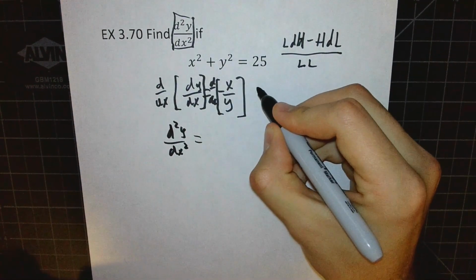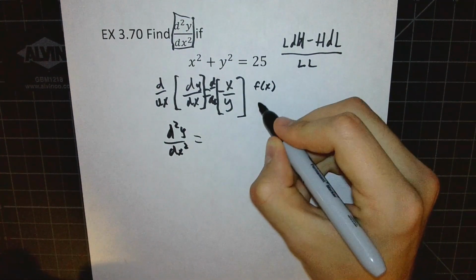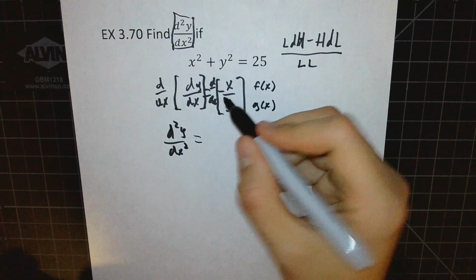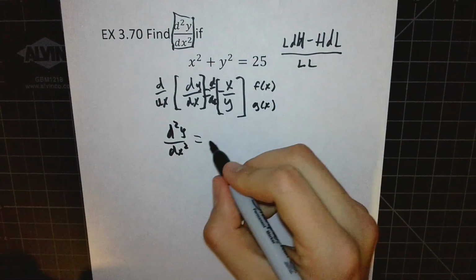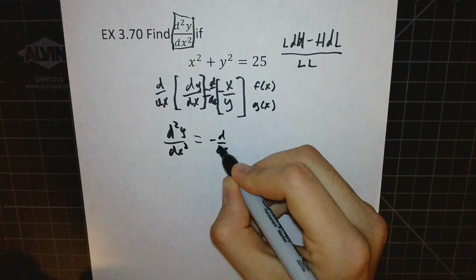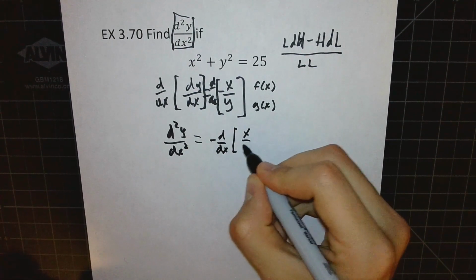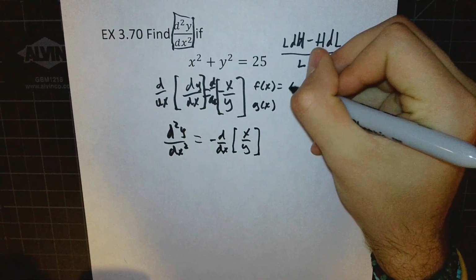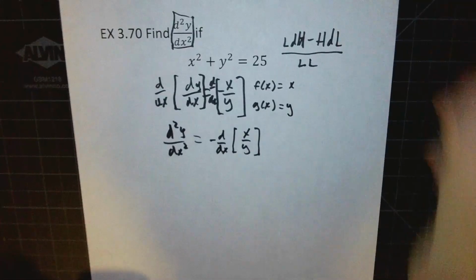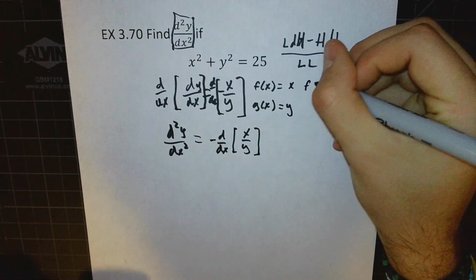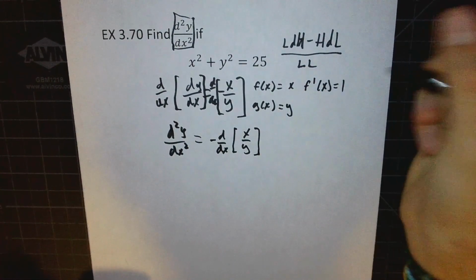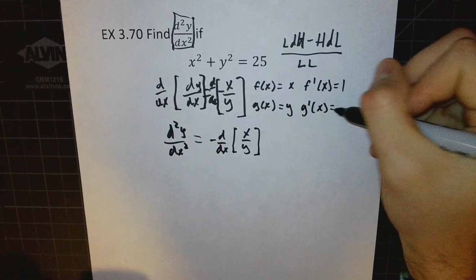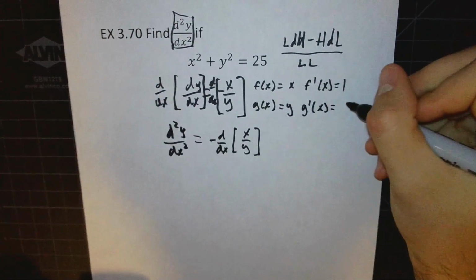So our top will be f of x, and our bottom will be g of x. And one other thing we have here is that this negative is a negative 1, so this ends up being negative d/dx of x over y, which also makes this easier. So if f of x is equal to x and g of x is equal to y, then f prime of x is equal to 1, and g prime of x is equal to dy/dx.